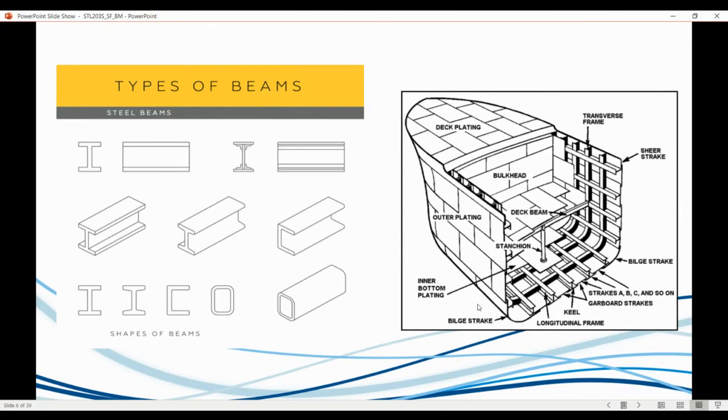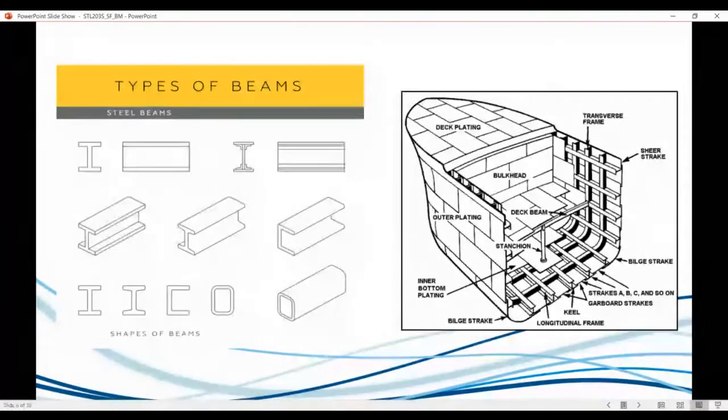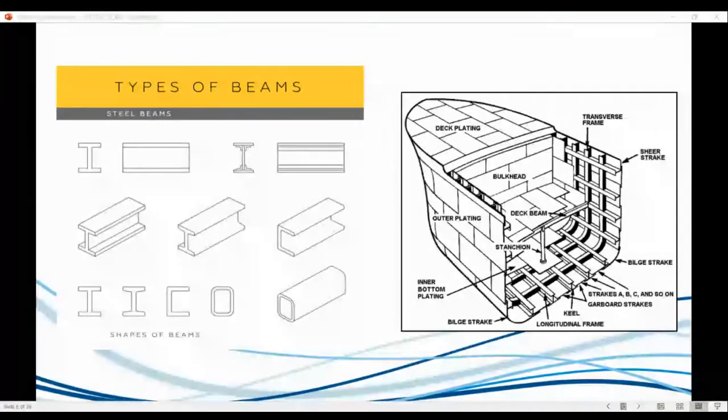So we get different sections of beams, and I just want to quickly show you something. Of course, these beams are made out of steel, which I probably did not say. I'm just looking for a catalog quickly, which I'd like to share with you.